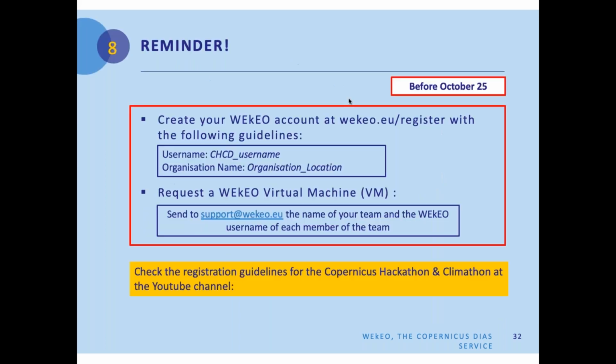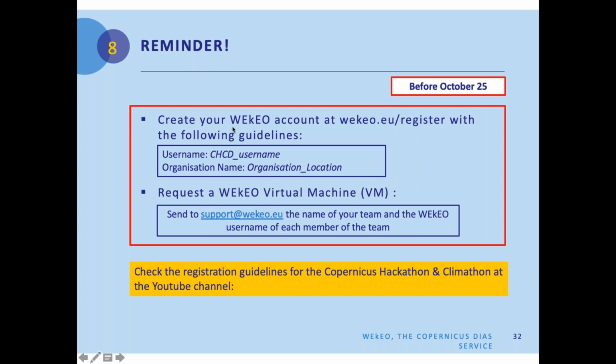As a reminder, I would like to please ask you to create your WEkEO account before the 25th of October, using these guidelines that were agreed for this Copernicus Hackathon Climathon. And then also the organization name and your location. So probably it will be Epitech Toulouse, or Epitech Bordeaux, Epitech Montpellier, or something like that.